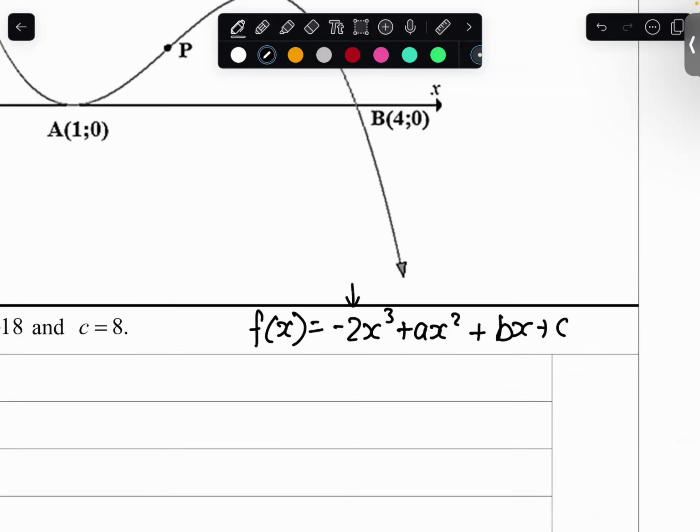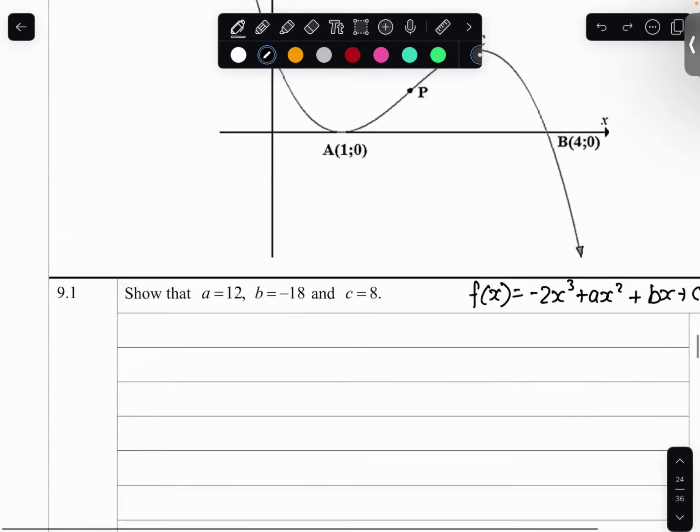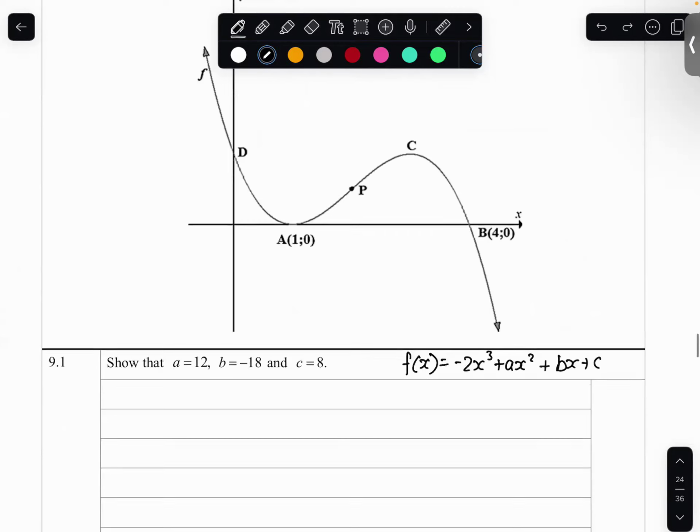But know that your a value is technically given to you. It's minus 2. Although they're calling this a, the proper a value of the original equation, ax cubed plus bx squared plus cx plus d, is given to you. It's negative 2.